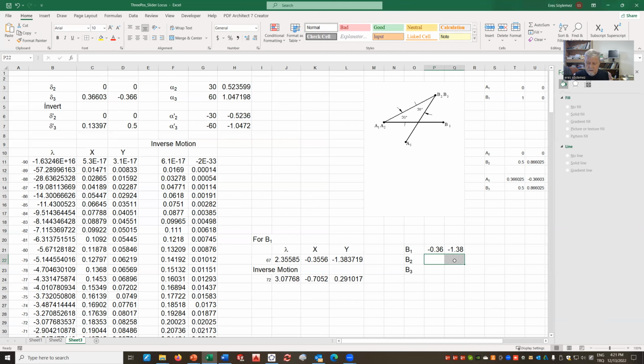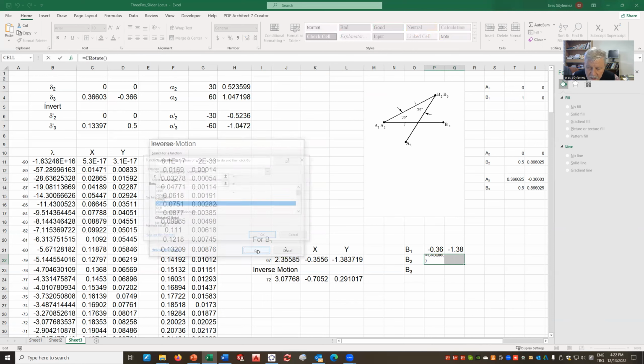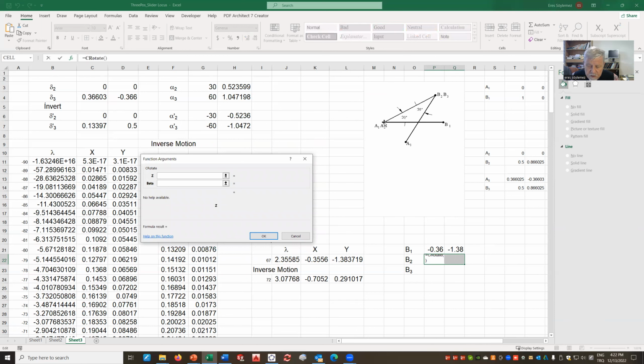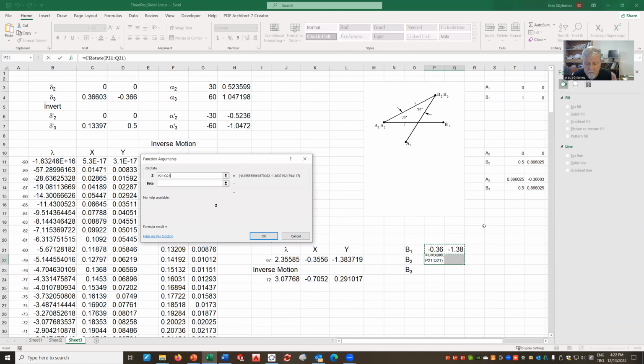All I have to do is mark these two cells and rotate this vector, because this is the origin, about P12 by an angle alpha 2.